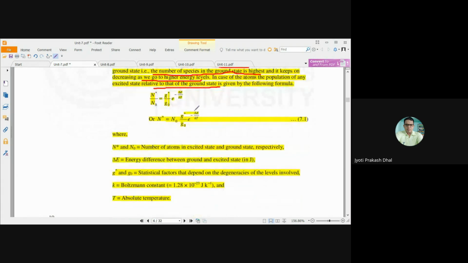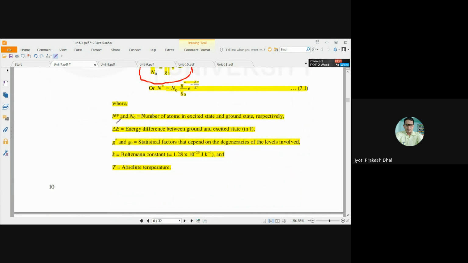is given by the Boltzmann distribution law, which can be represented as n star by n0 equals g star by g0 e to the power minus delta E by kT, or you can write n star equals n0 into g star by g0 into e to the power minus delta E by kT, where n star and n0 represent the number of atoms in the excited state and ground state.